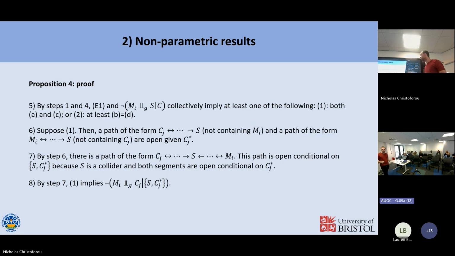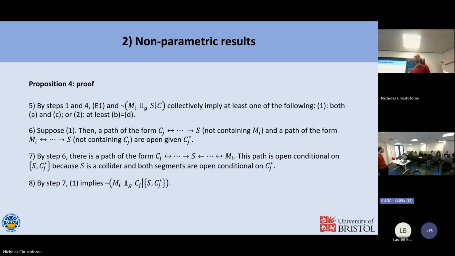Let's consider case 1 first. What was case 1 again? If we are in case 1, then we know that we have a path between Cj and S that does not contain Mi, that is open conditional on Cj star, that was A, and that we have a path of the form A sub y, a path between M sub y and S that does not contain C sub j and is open conditional on Cj star.